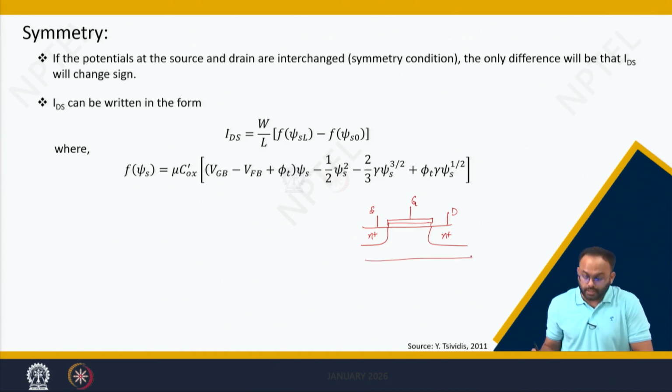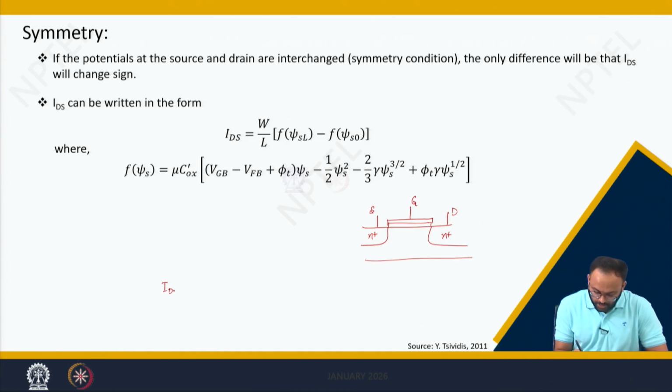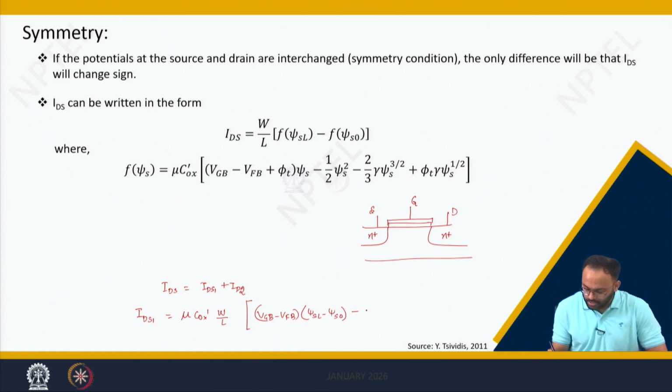We formulated the drain to source current in terms of IDS1 and IDS2, where IDS1 is mu into COX dash W divided by L into VGB minus V flat band voltage into psi SL minus psi S0 minus half of psi SL square minus psi S0 square minus 2 by 3 gamma psi SL to the power 3 by 2 minus psi S0 to the power 3 by 2.